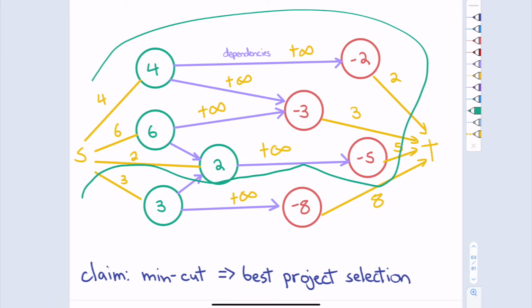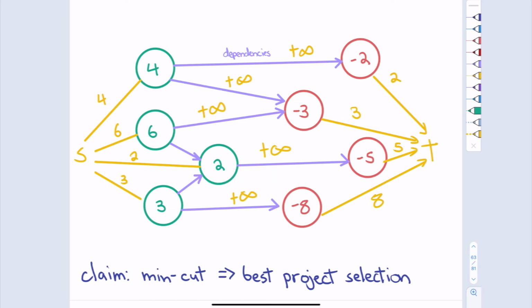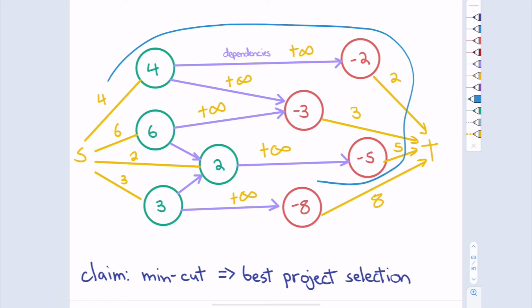Okay, so the claim is that this should give us a minimum cut in the graph. Let me draw it better so that it's not intersecting things. Let me also use a different color. Okay, all the purple edges should be positive infinity. I forgot to label a couple of them.